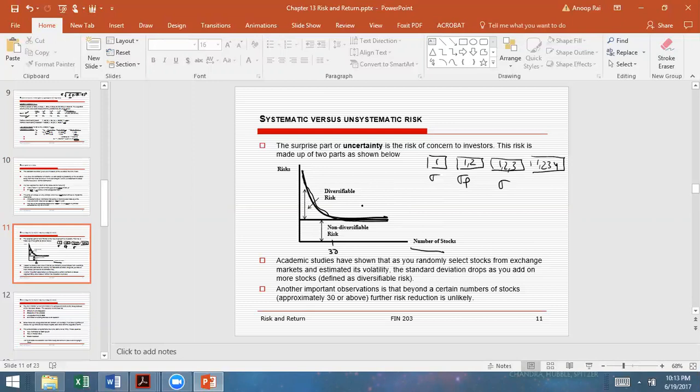The non-diversifiable risk is a risk that affects every stock, and it could be things like GDP, interest rates, macroeconomic conditions, the business cycle, etc. The other is diversifiable, because when you add more and more stocks, your portfolio risk comes down.